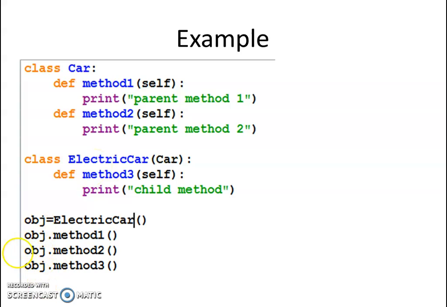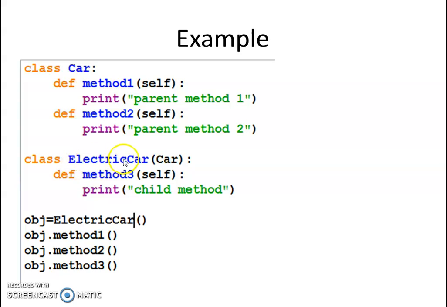We are invoking method 1 with obj, and we are invoking method 2 and method 3. Here you can see obj is the object of the child class and we are invoking methods 1, 2, 3 with the child class object, where method 1 and method 2 belong to the parent class.